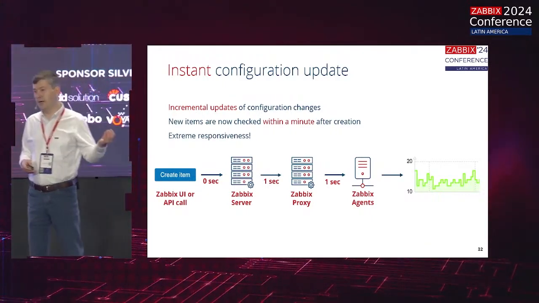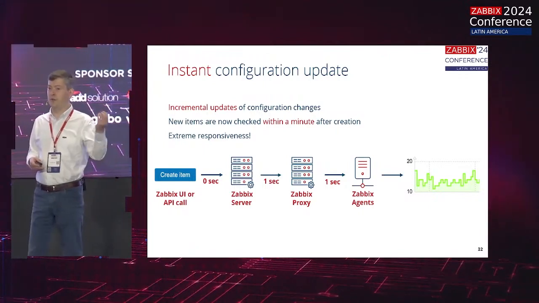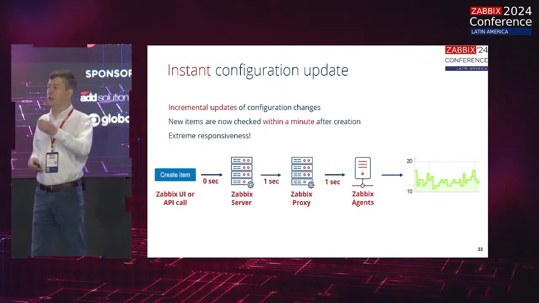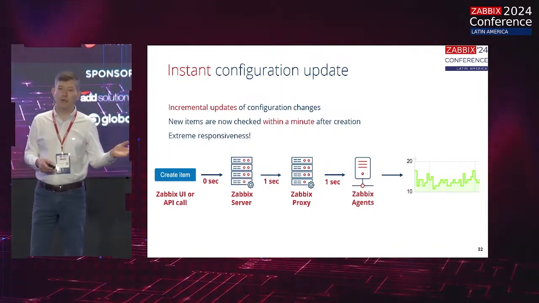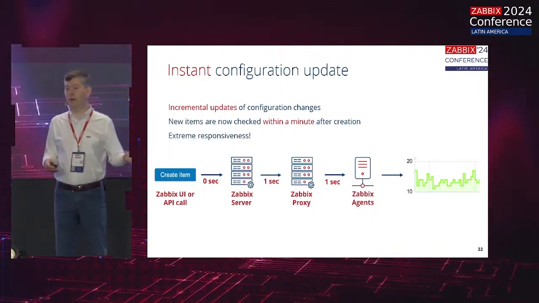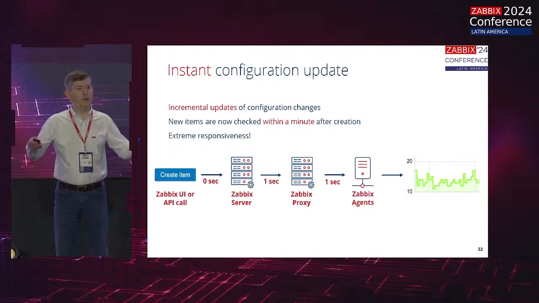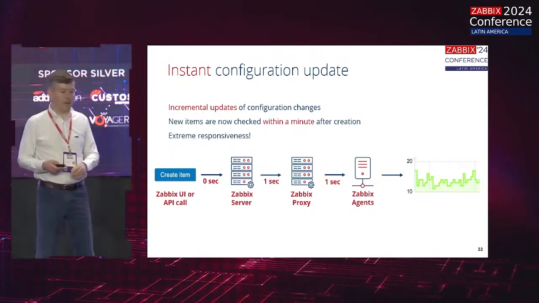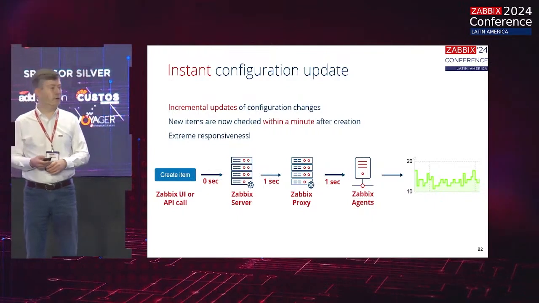Zabbix server sends information about the new host immediately to the proxy. The proxy immediately notifies Zabbix agents, and just after a few seconds, maybe tens of seconds, you already have data coming to Zabbix. So this is very, very nice.